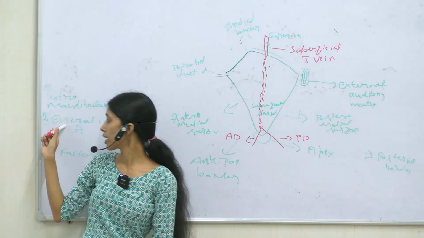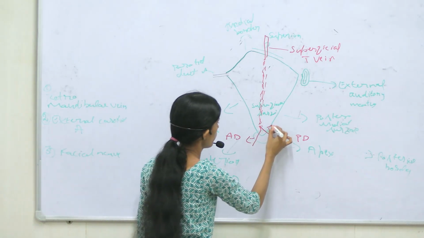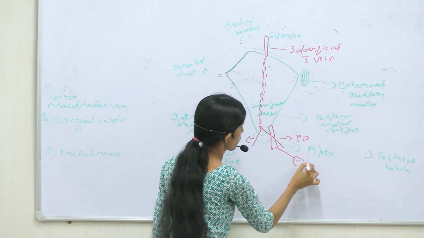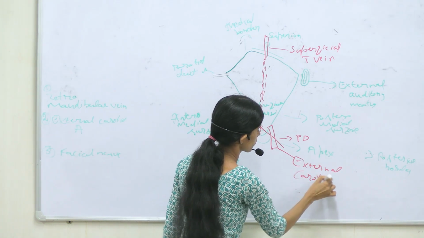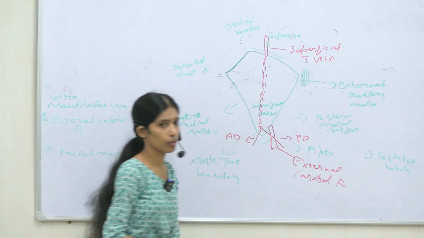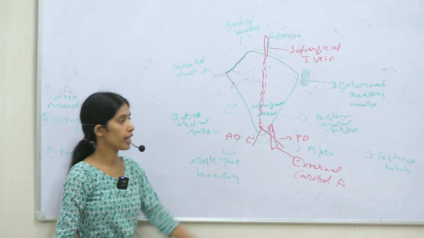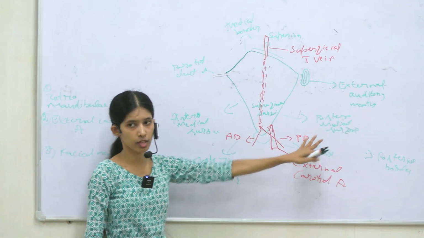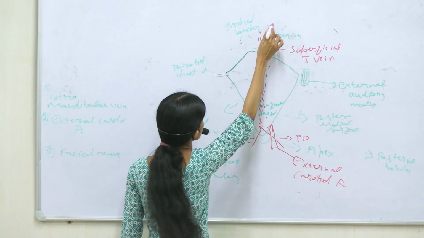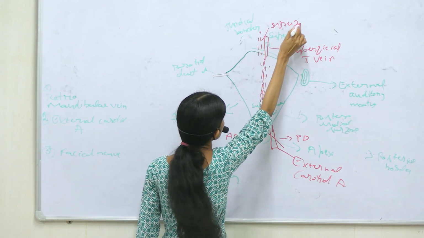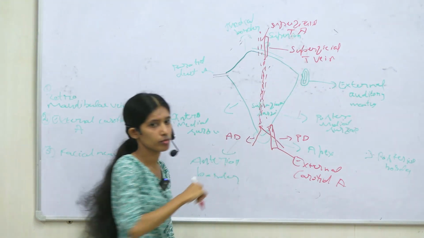Next structure is external carotid artery. It enters your parotid gland through the posteromedial surface and here it continues as the superficial temporal artery.